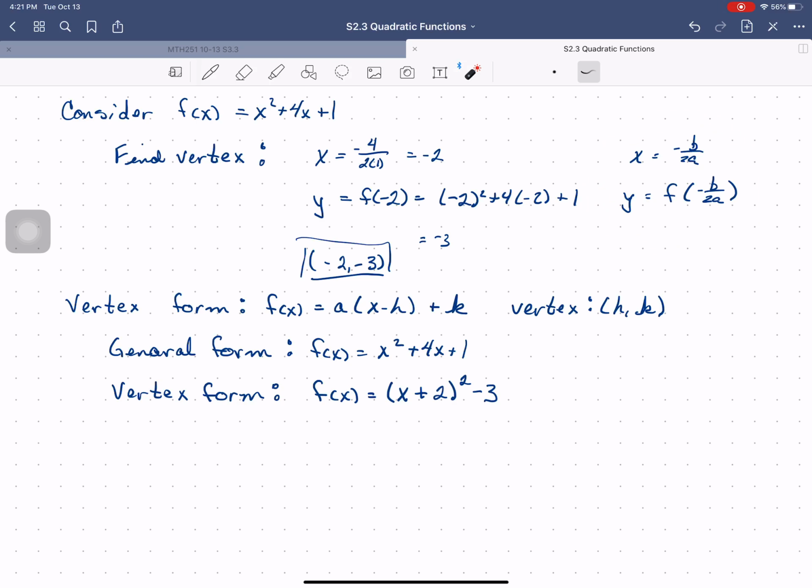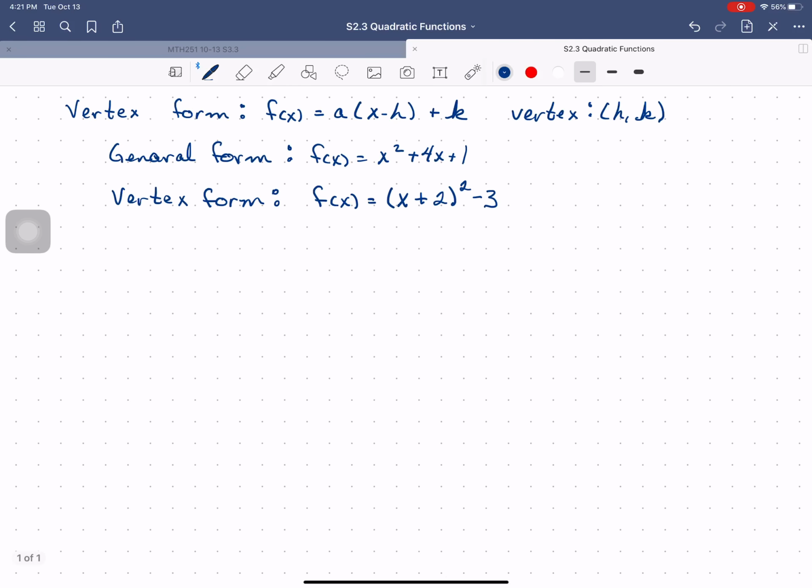Or if you've got this form, you will know where the vertex is. This form can also be very handy for finding those x-intercepts that I was talking about in the other video, and I'll show you how to do that. Well, let's do that after we do this work.